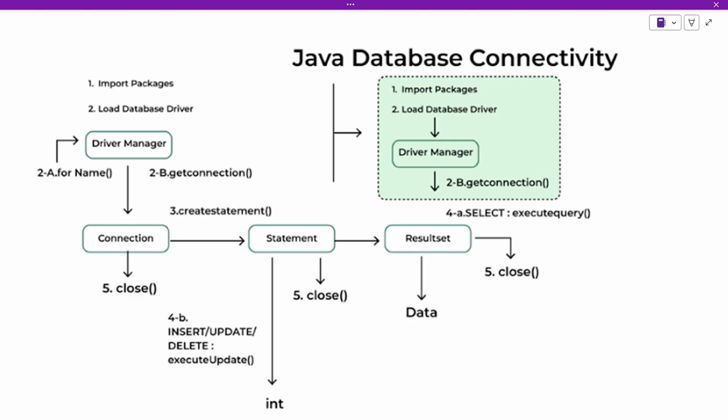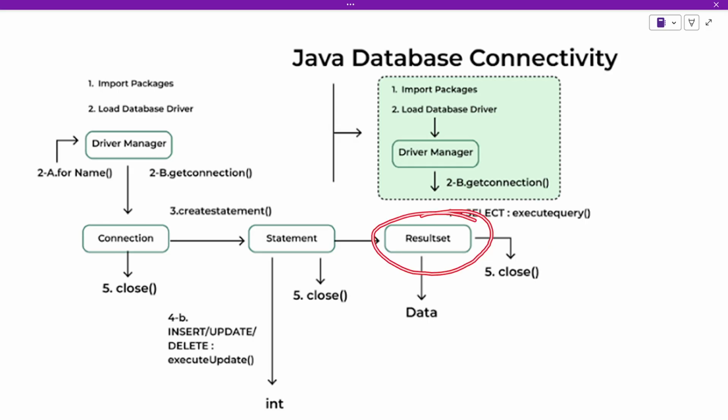Now, okay, what's the third step? We're going to create a statement. So a statement object is created, and the fourth step is you have to execute the query. You have to give a select statement or whatever statement into this statement object. And when you say execute query, it is going to give you a result set.